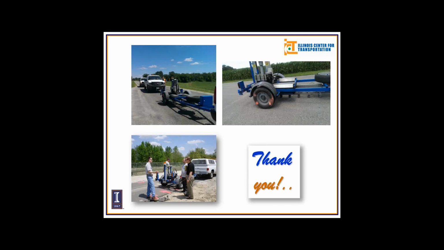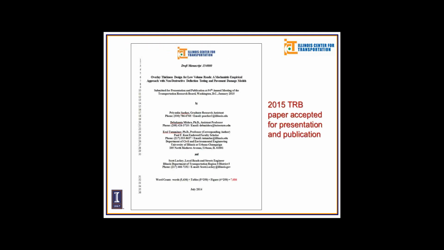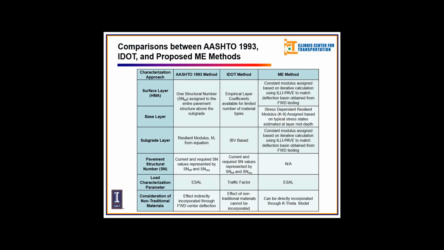Would you back up to that one slide where you were doing the comparison? There you go, okay. Surface layer, you're saying you're using a constant modulus, and then you're also using a constant modulus for subgrade? Yeah, we couldn't do the bilinear subgrade model, so we just went ahead and put one value. So why did you do that?